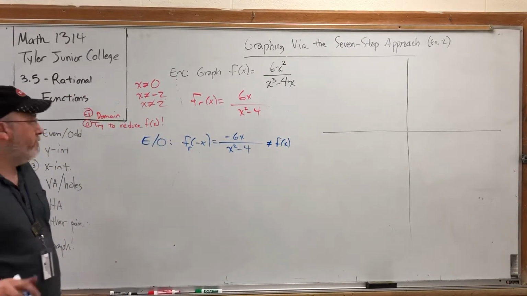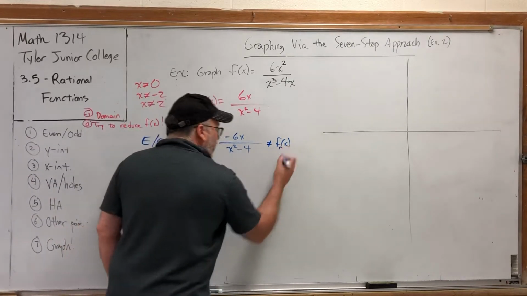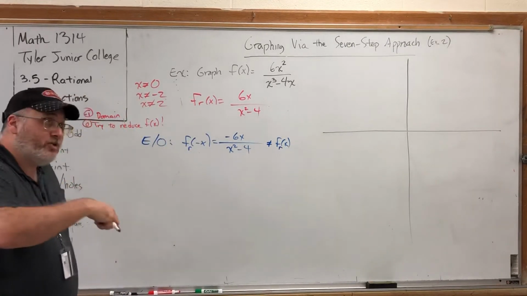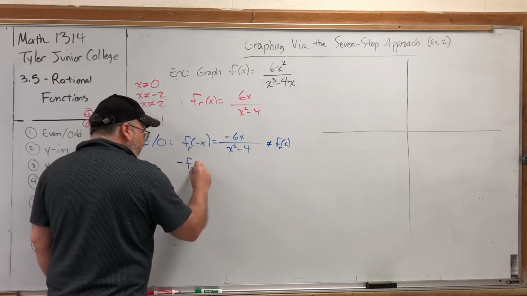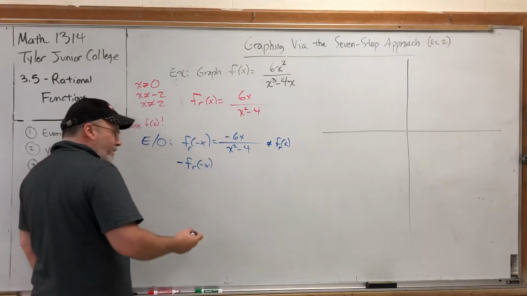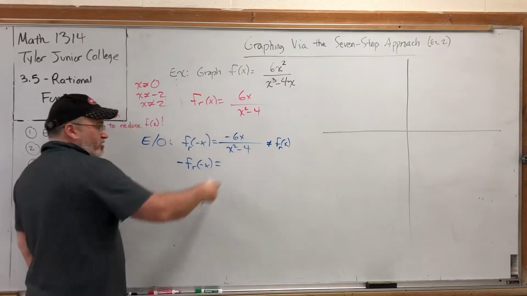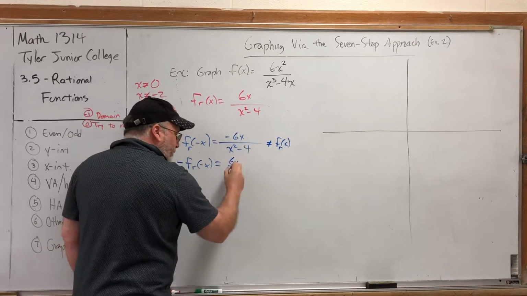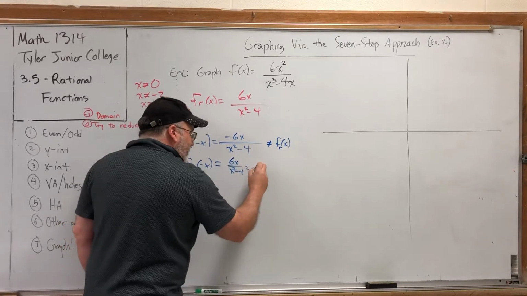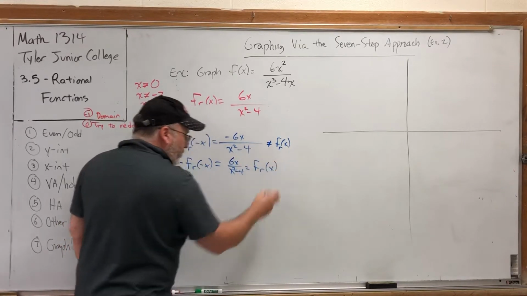But because of the extra negative, I now know that the negative of the reduced function evaluated at -x, if I just take a negative on this fraction, I can give it to the top, make the 6x positive, and that's equal to the original reduced function.